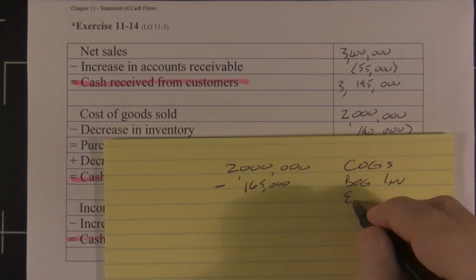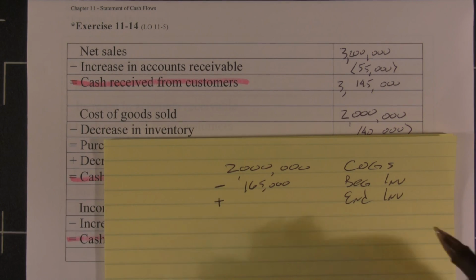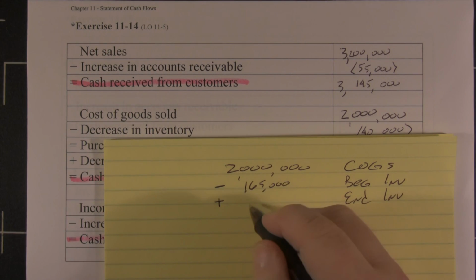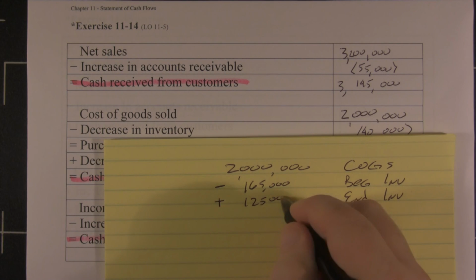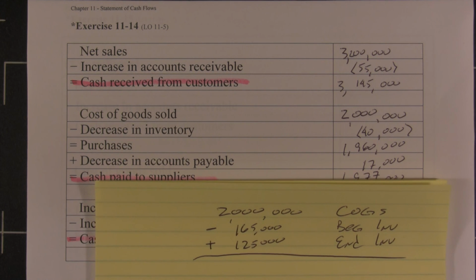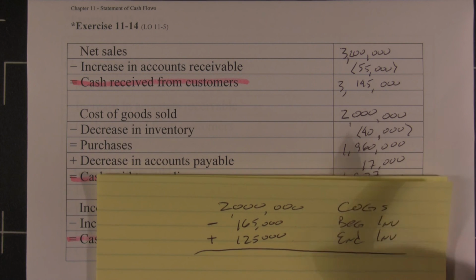But our ending inventory we paid for this year, but we're going to report that on the cost of goods sold next year. So we add our ending inventory, and in this case the ending inventory is 125. So if you take the $2 million, subtract 165, add 125, you come up with $1,960,000.